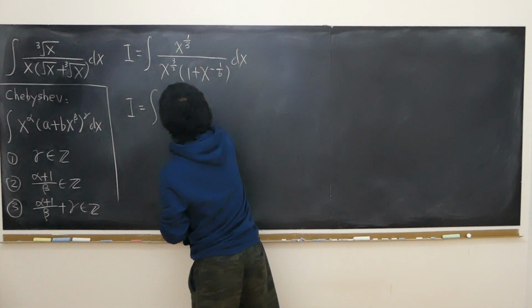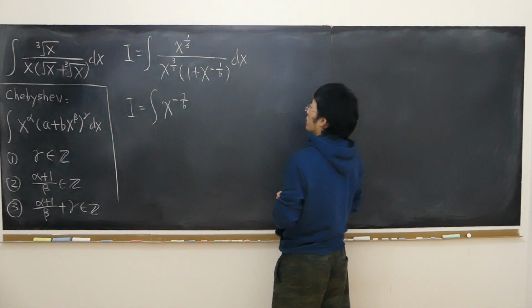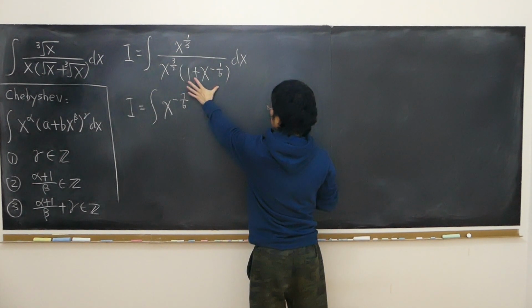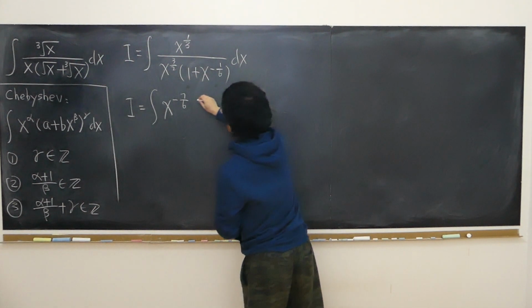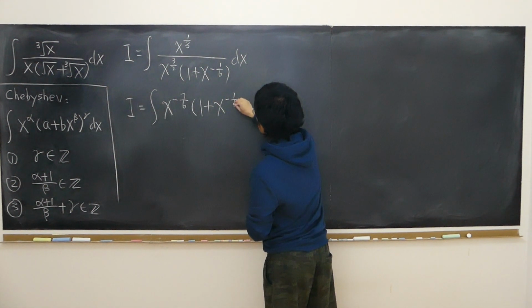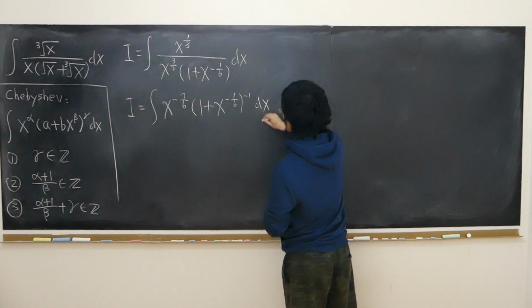So x to the minus 7 over 6, if I'm correct. This whole term is on the bottom again, so actually I have 1 plus x to the minus 1 over 6, to the minus 1, dx.